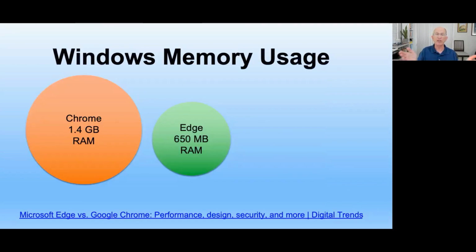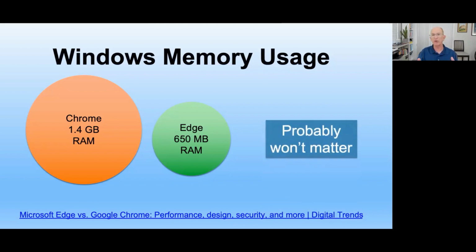And the other thing is that on Windows, there was a test that Digital Trends did. Chrome has a reputation for using a lot of RAM, okay? And here's the thing. If you've got 16 gigabytes of RAM on your computer, it probably isn't going to matter, okay? But Chrome tends to use a lot of RAM because that's what makes it perform a little bit faster.